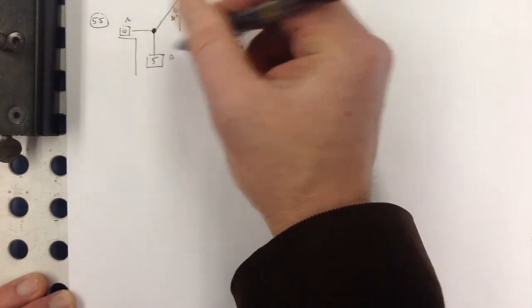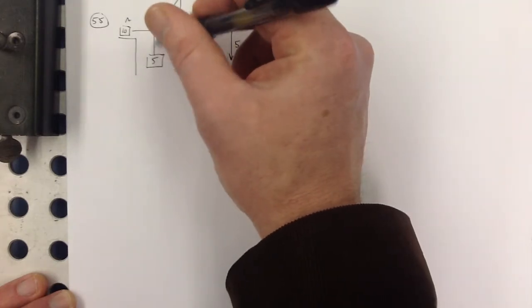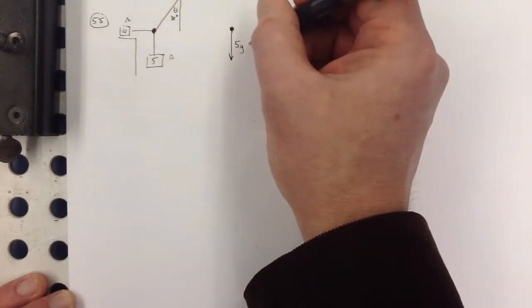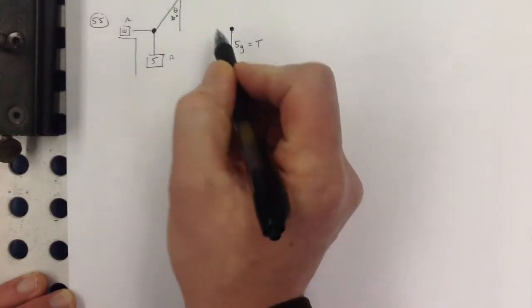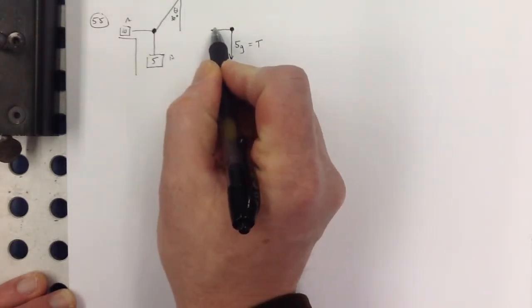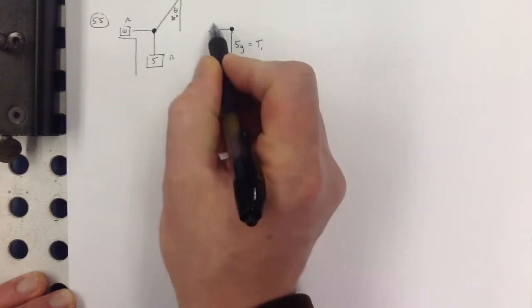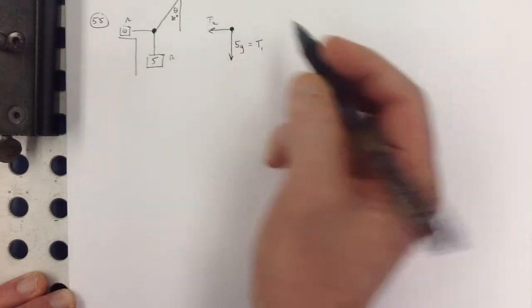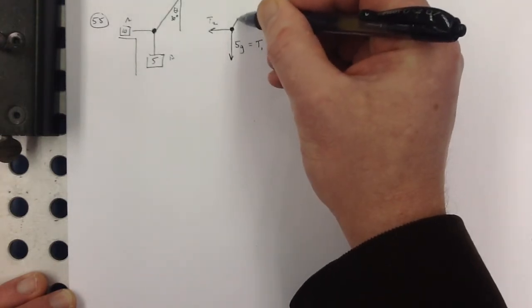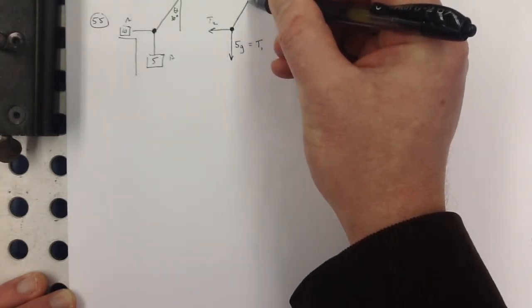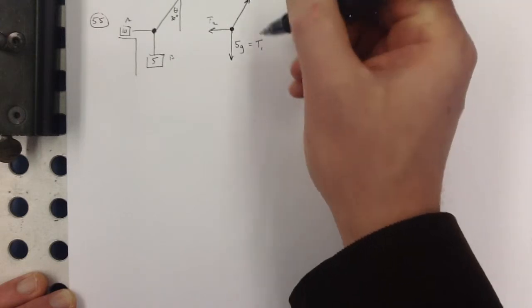It's not moving, so the tension is equal to that gravitational force, right? That's not true if it's accelerating. And then here I have, I'll call that T1, some other tension, T2. And here I have some other tension. Try to make that look more like 30 degrees.